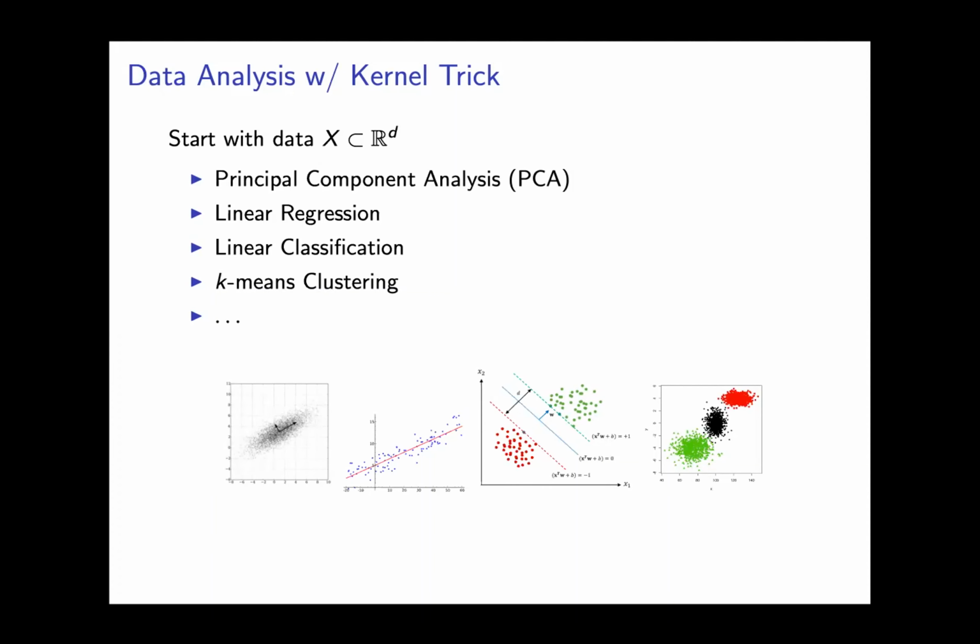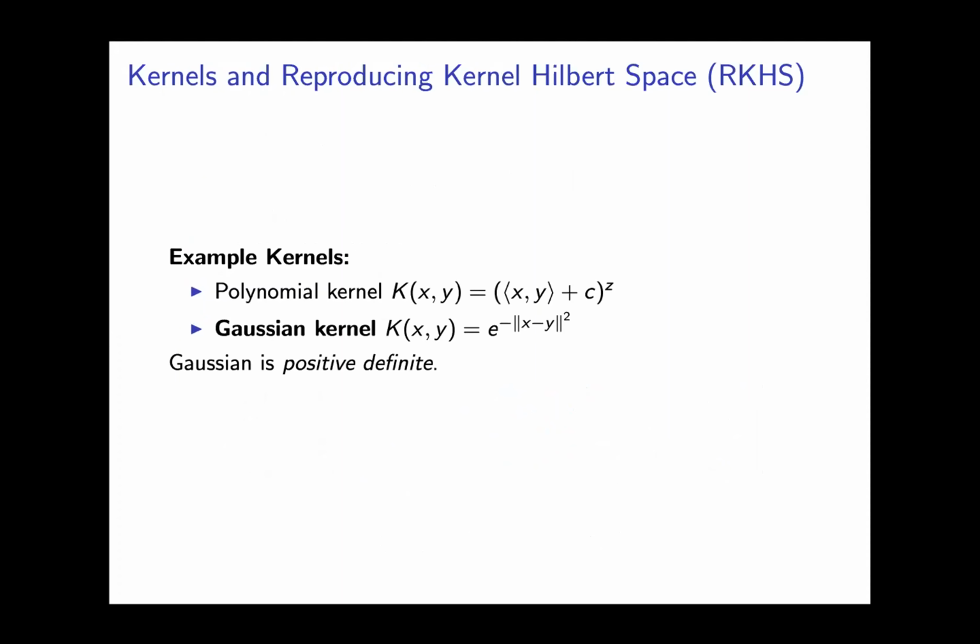So the typical way to make them nonlinear is to use the kernel trick in machine learning. Basically you go into these algorithms and replace the linear inner product operator with a more general kernel instead. This is quite common in machine learning.